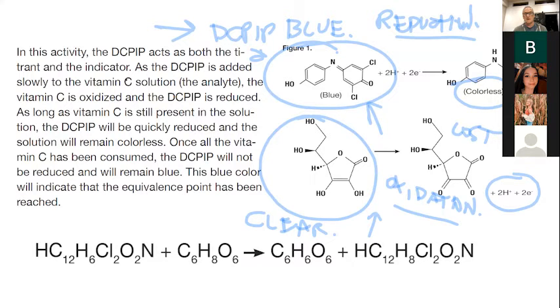At some point, that reduction reaction is going to stop, and it won't turn clear anymore. When will the reduction reaction stop? Remember, in a redox reaction, you can't have reduction without oxidation. The two of them are happening at the same time. One is providing electrons, the other one is taking electrons.